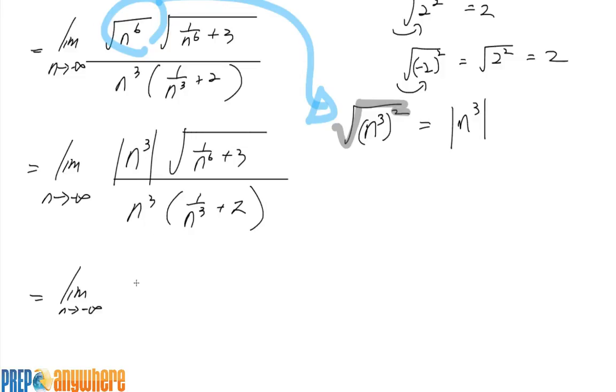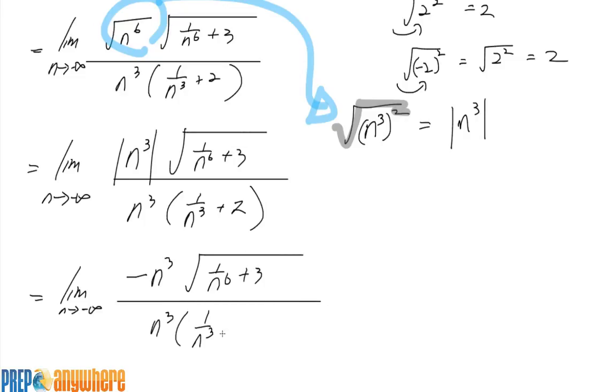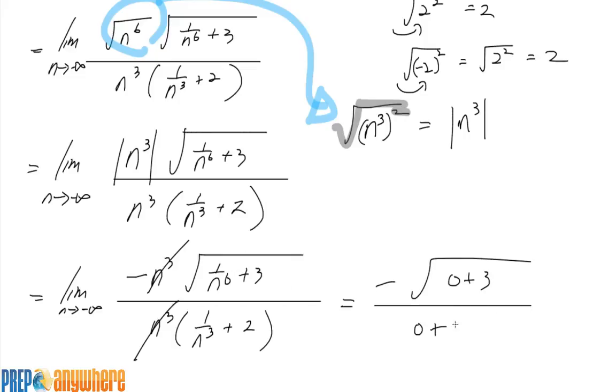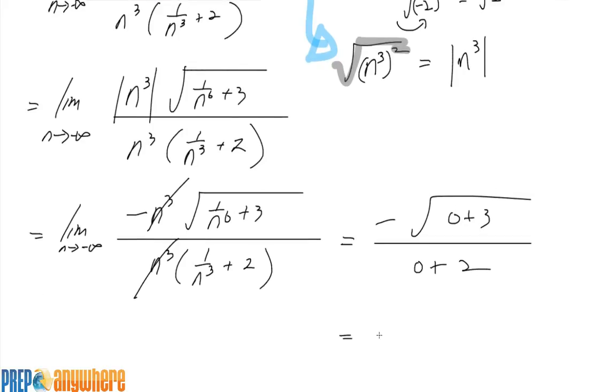If you remove the absolute value, because we're putting in a negative value, it's the same thing as minus n cubed. Now we can cancel that out and make n approach infinity, and we get 0 plus 3 over 0 plus 2. So the answer is minus root 3 over 2.